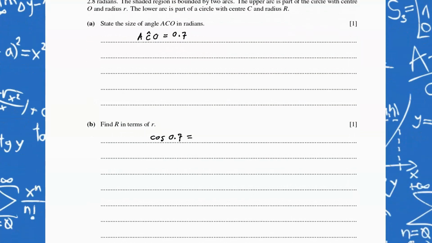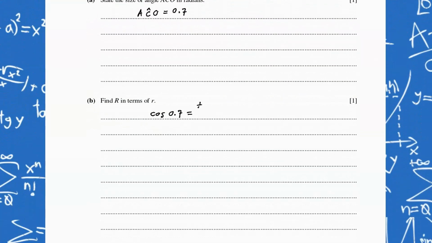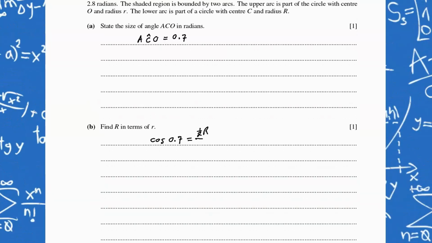So it's half of R and it's over small r. So here, to get the capital R, it will be 2r cos of 0.7.